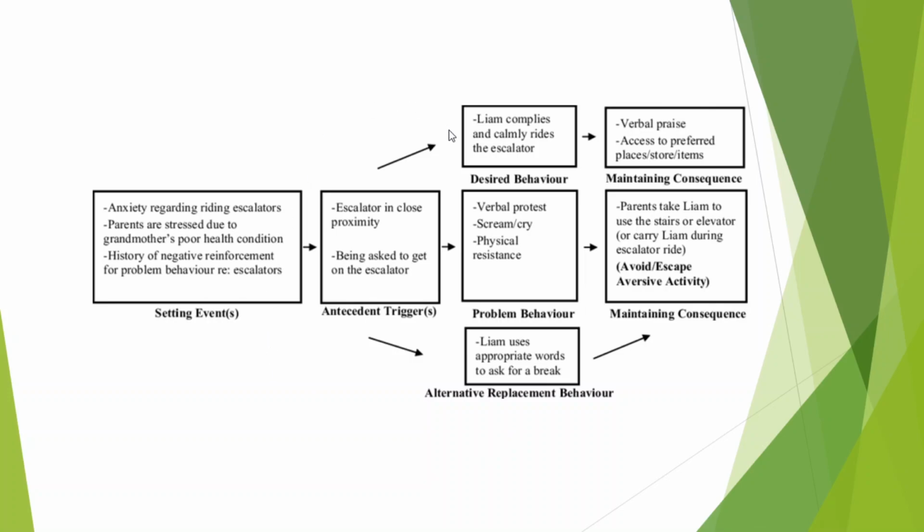However, long-term, we want Liam to calmly ride the escalator. By riding the escalator, he can get verbal praise, access to preferred items, and also he can escape the activity after he finishes going up the escalator, because then it's done. So that's another way he is escaping and also gaining positive reinforcement.